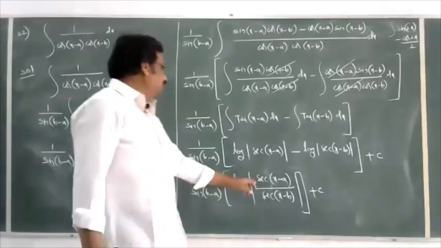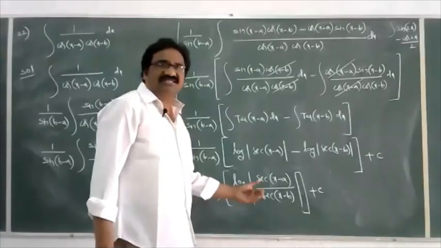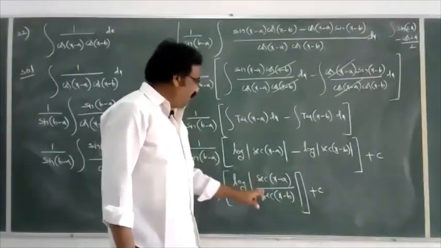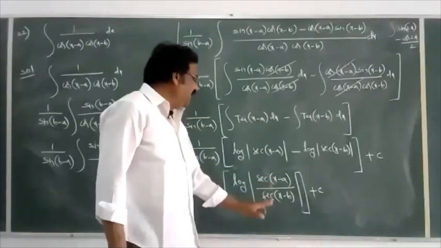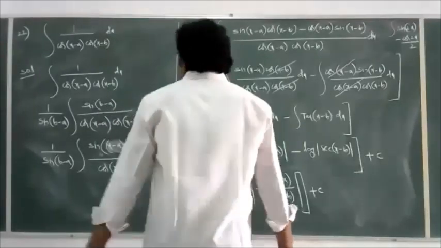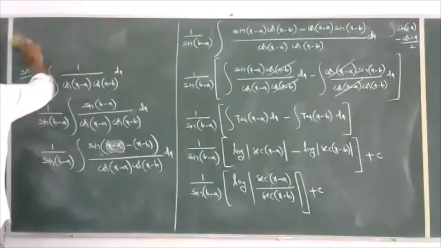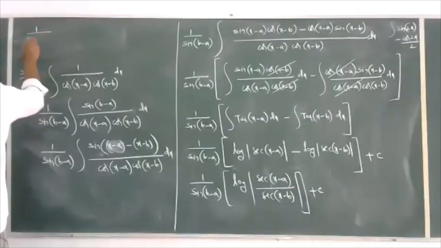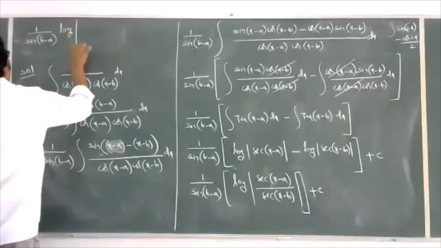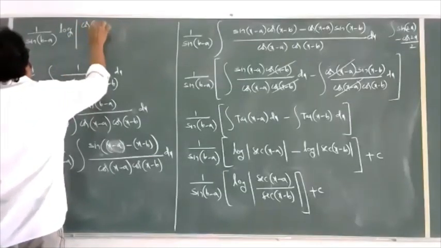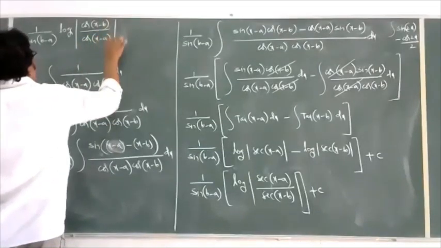We want to write this in cos terms: 1 by secant is cos. So in terms of cos, the answer is 1 by sin of (b minus a) into log mod cos of (x minus b) by cos of (x minus a).